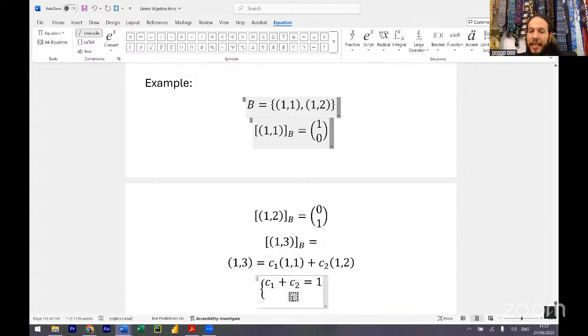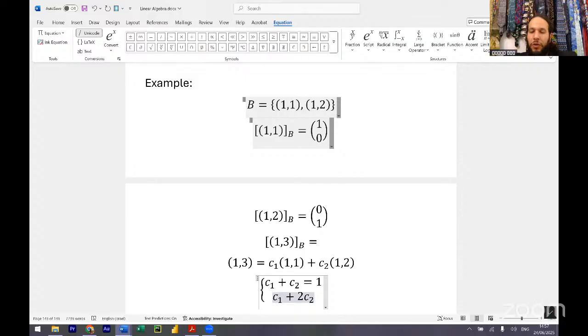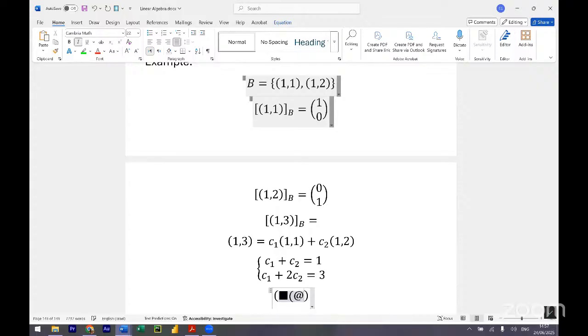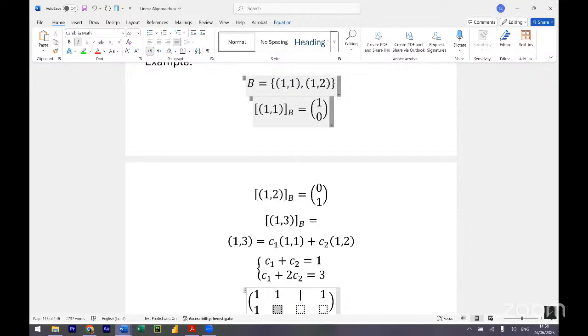And what is the second equation? C1 plus 2C2 equals 3. And now we can solve it. We get here the matrix 1, 1, 1; 1, 2, 3.